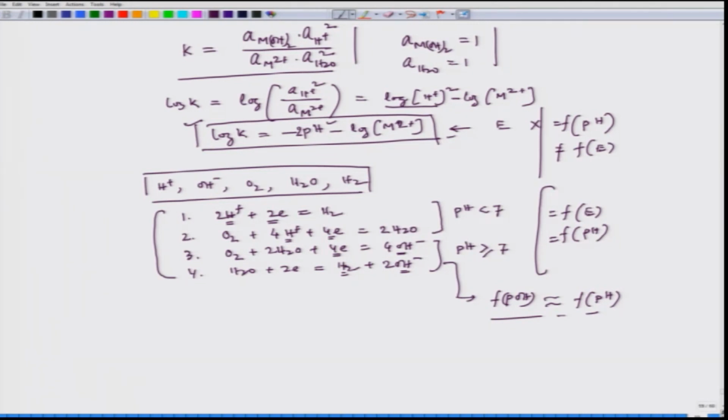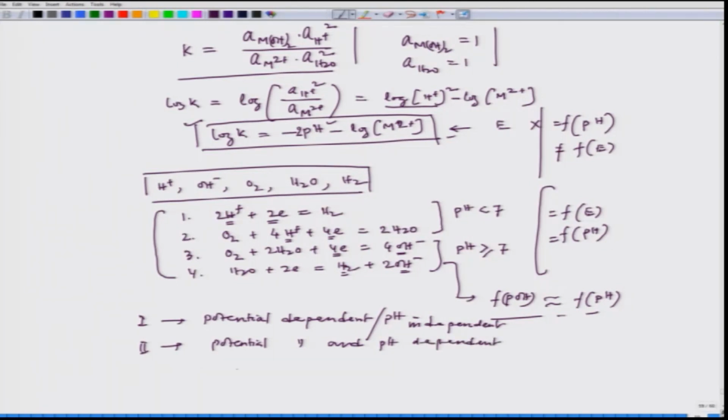So, these 4 reactions also are a function of potential and a function of pH. So, that means logically we have 3 types of reactions: type 1, only potential dependent but pH independent; second type, potential dependent and pH dependent; and third type, potential independent and pH dependent.